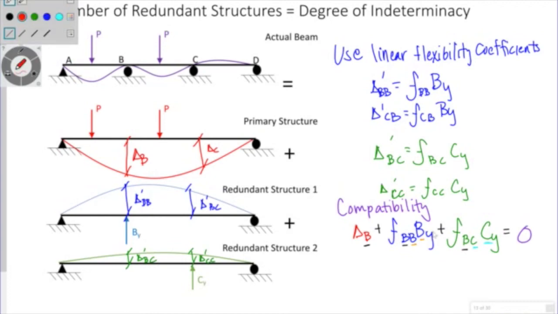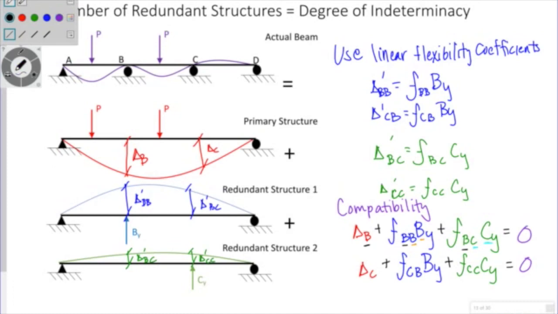Then I need to go look at my deflection at C plus my flexibility coefficient, FC. The first one needs to be C, the second one can be B because I'm multiplying by BY. My flexibility coefficient at C due to the force at C multiplied by CY equal to 0.